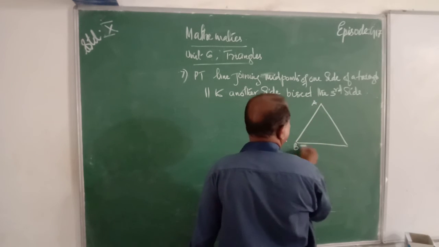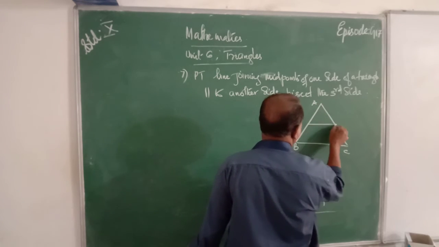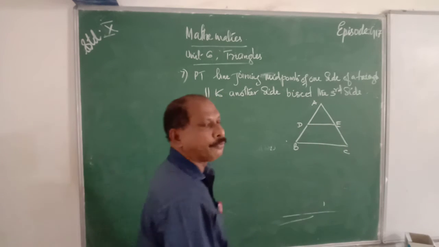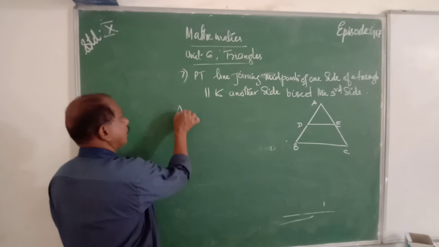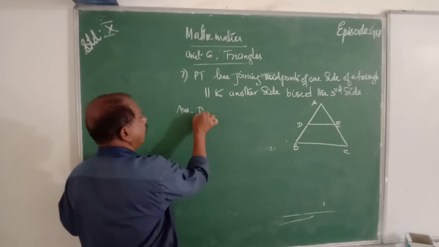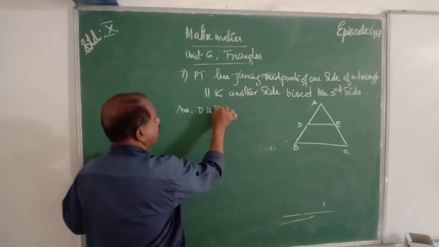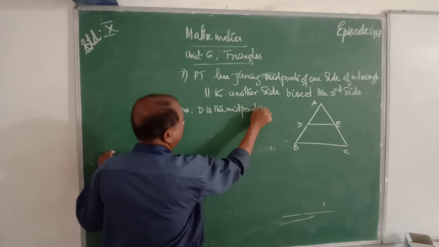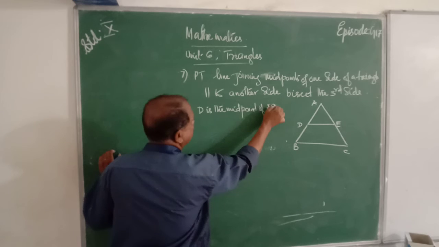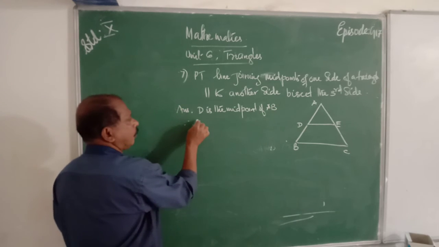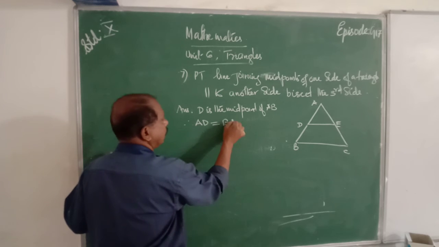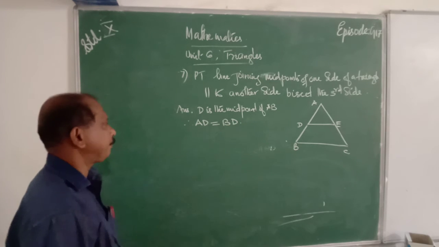Triangle ABC, D, E. D is the midpoint of AB. Then answer: D is the midpoint of AB. Therefore, AD is equal to BD. They are equal.